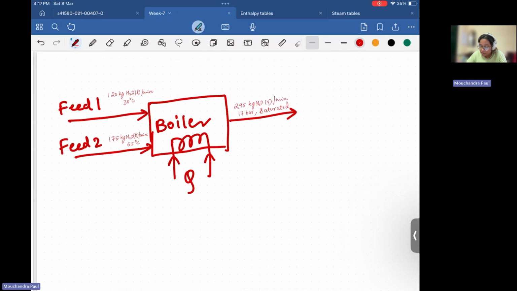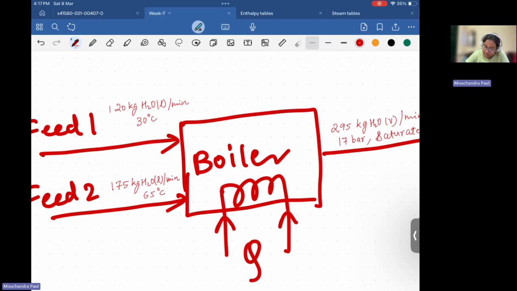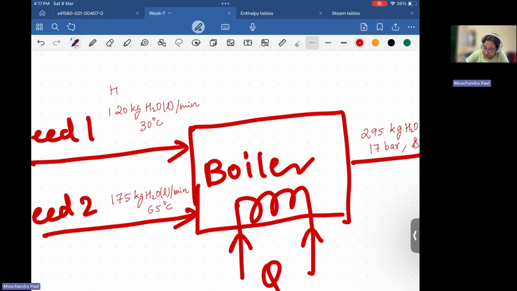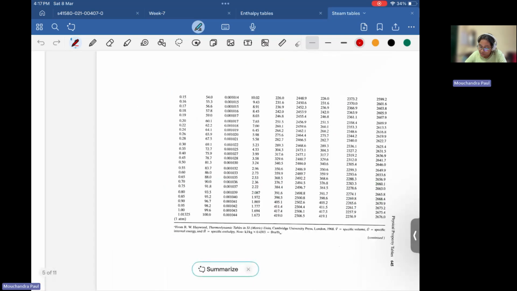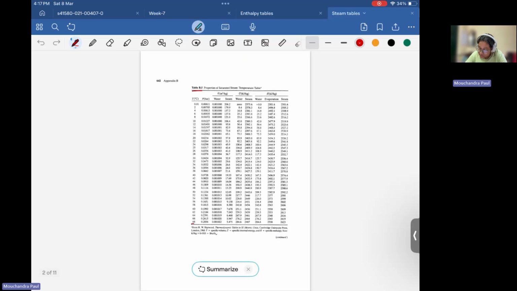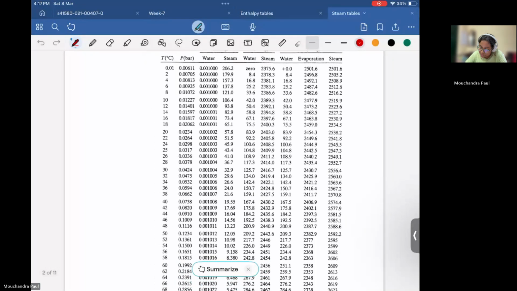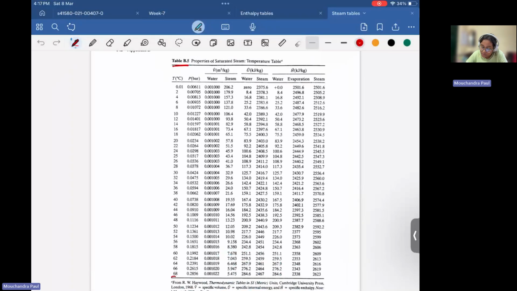Now, if we quickly look at the steam table, we can find the values of enthalpies quite easily. So for feed 1, what is the enthalpy? Here's the steam table. The temperature that it was in was 30 degrees Celsius, and the feed entering was water, means a liquid state.